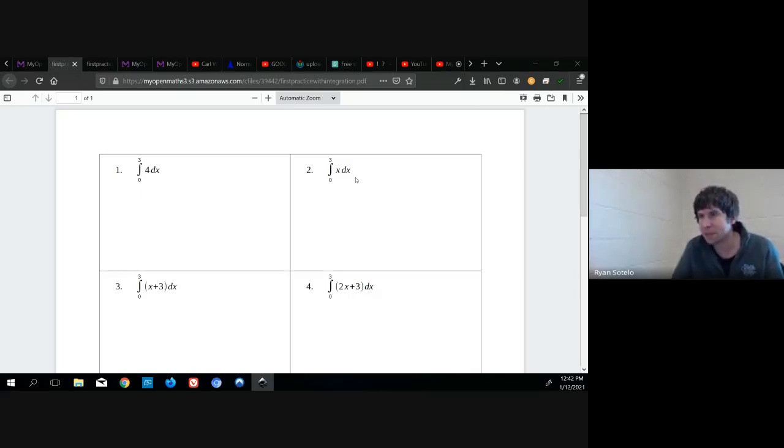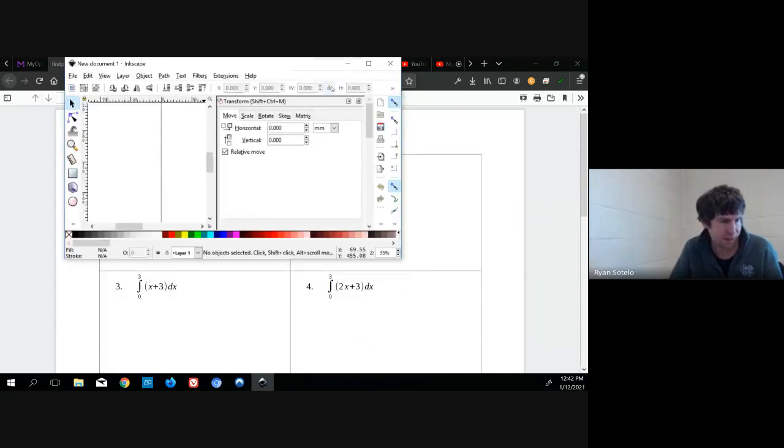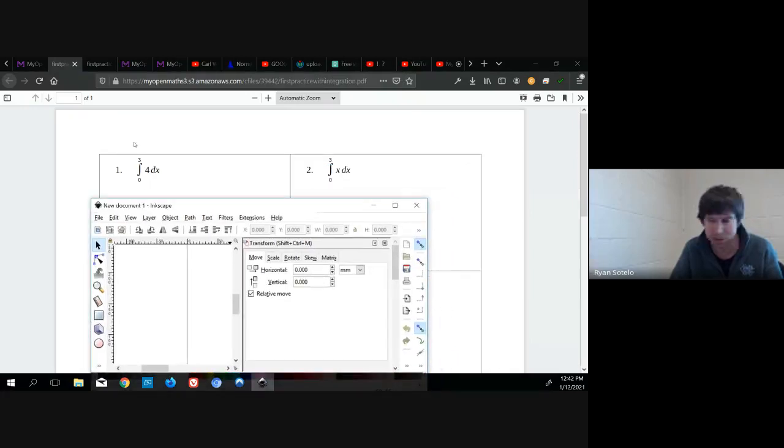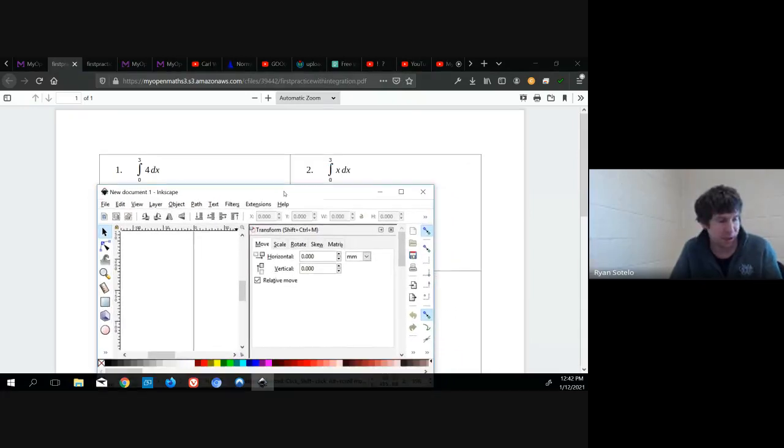Those are the numbers below and above the integral symbol. So this one's 0 to 3. Those are called the limits of integration. You have the lower limit and the upper limit, if that makes sense.